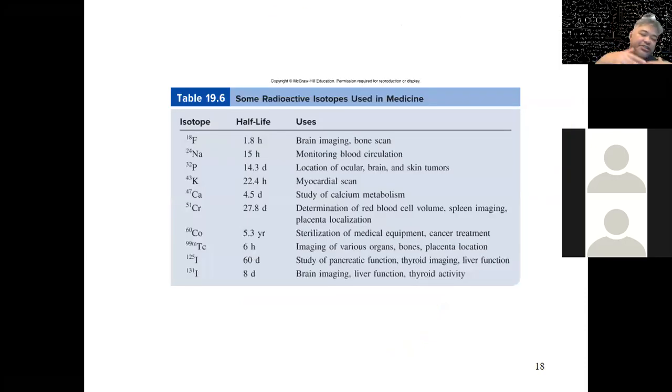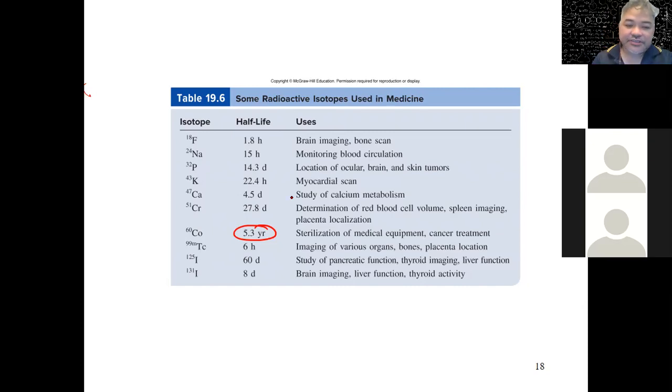Now, in addition to the radiocarbon dating that I have given you, there are many uses of these isotopes. If some of you end up in medicine or becoming a doctor, some of you may utilize this material. Look at the half-life that you have there. Except for this one, all of them have a short half-life.